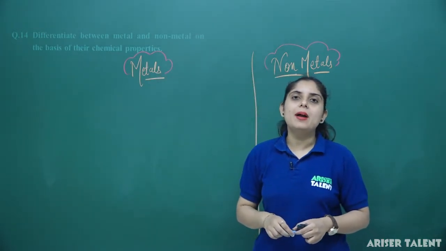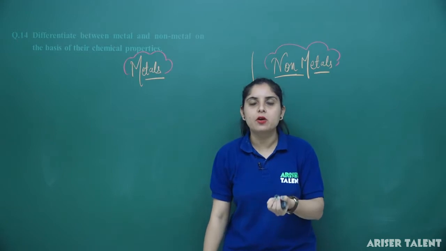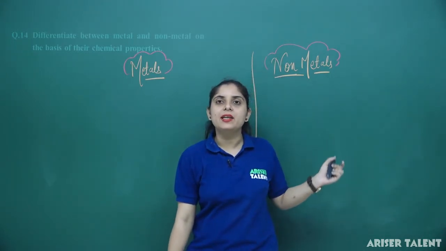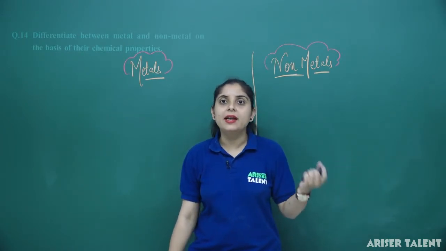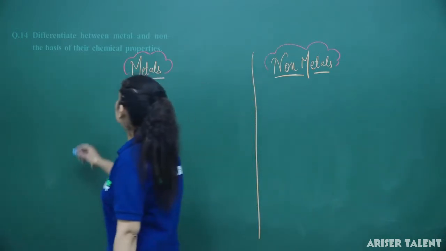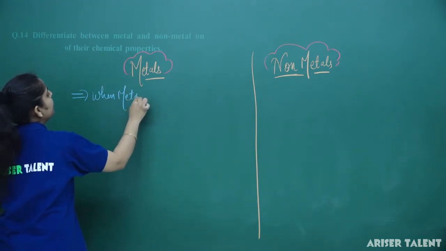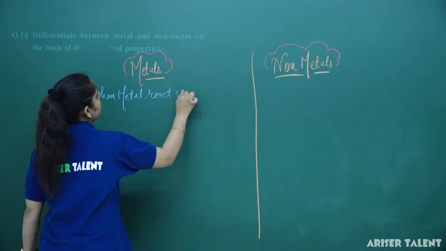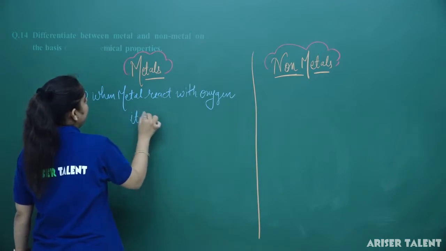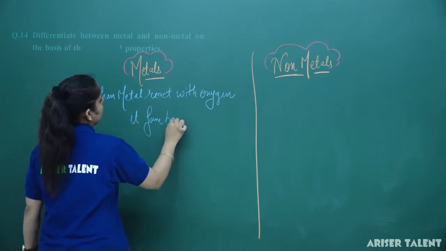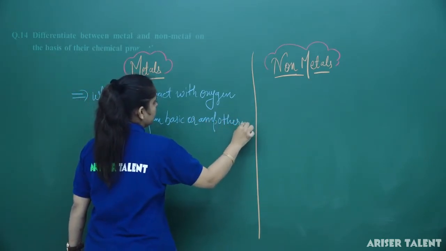Whenever a metal reacts with oxygen, it forms basic oxide, or you can say amphoteric oxide. But a non-metal, when reacting with O2, forms acidic oxide, or on the other hand, it also forms neutral oxide. So the first difference is that when a metal reacts with oxygen, it forms basic or amphoteric oxides.